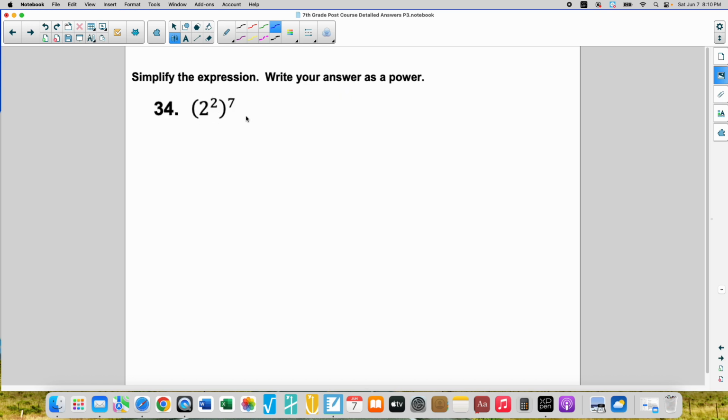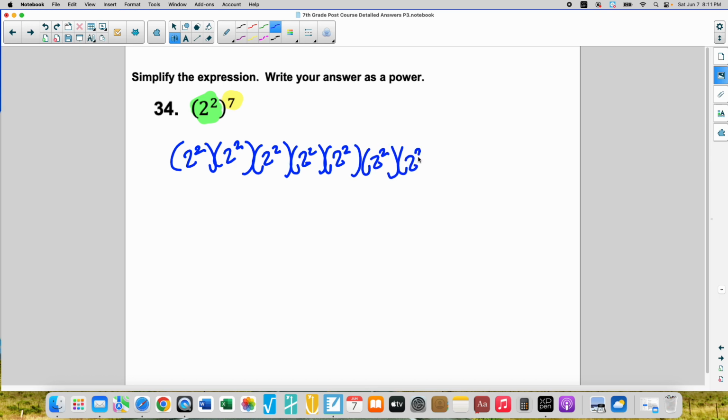When we have a power of a power, so we have 7 of these. So this is my exponent, this is my exponent, and this is my base. I have 7 of these. So in actuality, it looks like this: 2, 3, 4, 5, 6, 7.